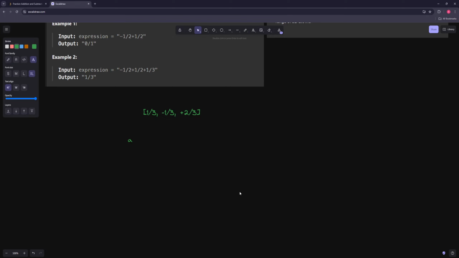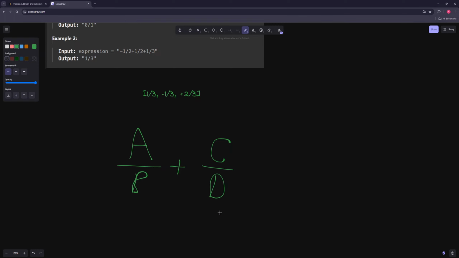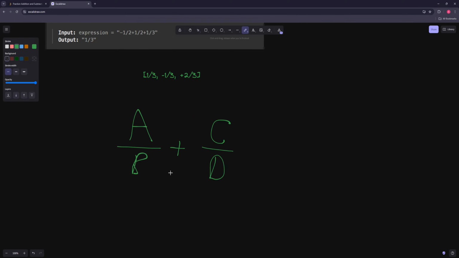Let's say we have a over b plus c over d. There are a few ways to do it, but one way is to find a common denominator first. The easiest way is to multiply a by d and multiply c by b.